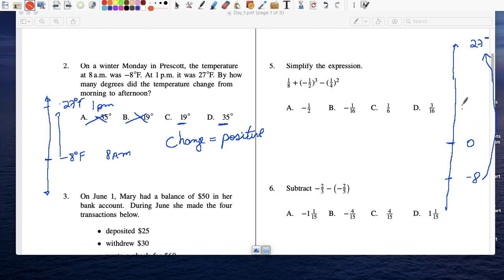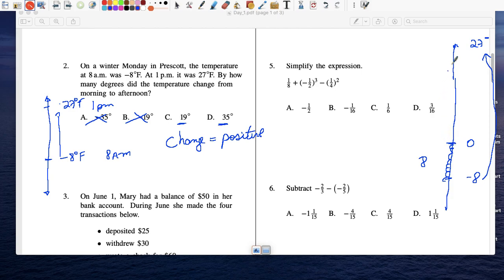If you think about this in 2 steps, maybe it's easier to understand. Think about from negative 8 to 0. What was the distance traveled? You would have to go 1, 2, 3, 4, 5, 6, 7, 8, right? There's a change of 8 going from negative 8 to 0.